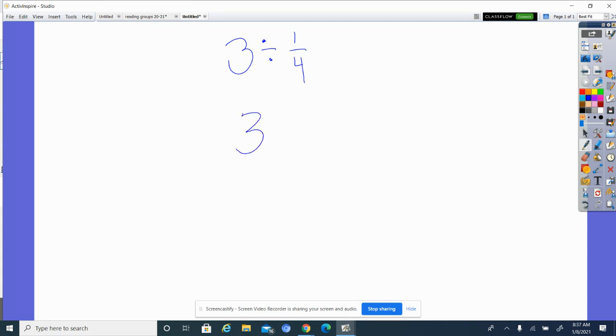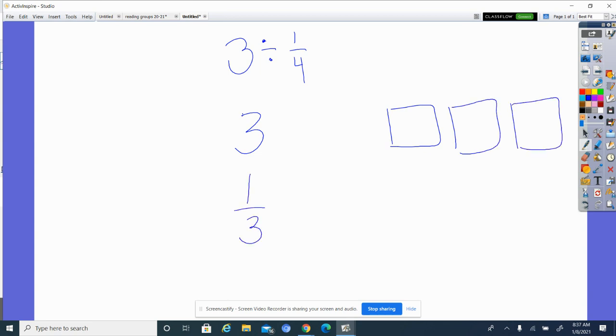We leave 3 alone. The only one we're doing anything to is the thing that we're dividing by. So we leave 3 alone because we're not changing the 3 pounds of hamburger. If I changed the 3 pounds and inverted it, what would I have now?